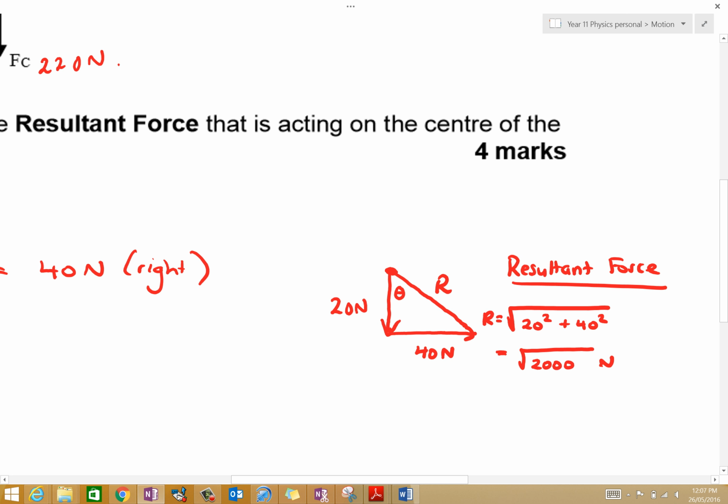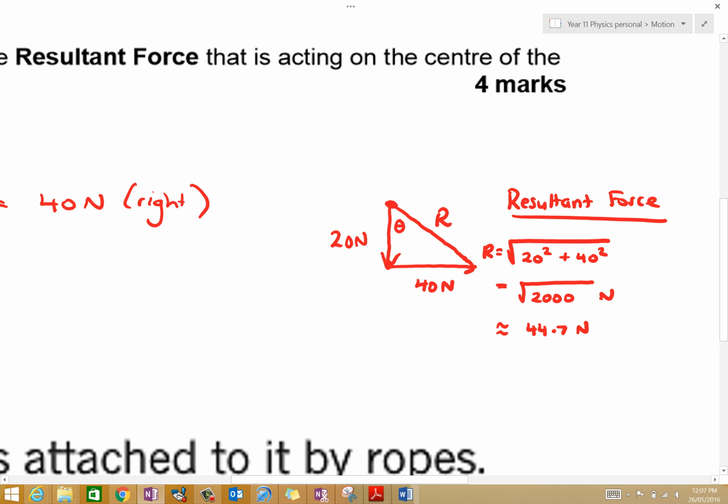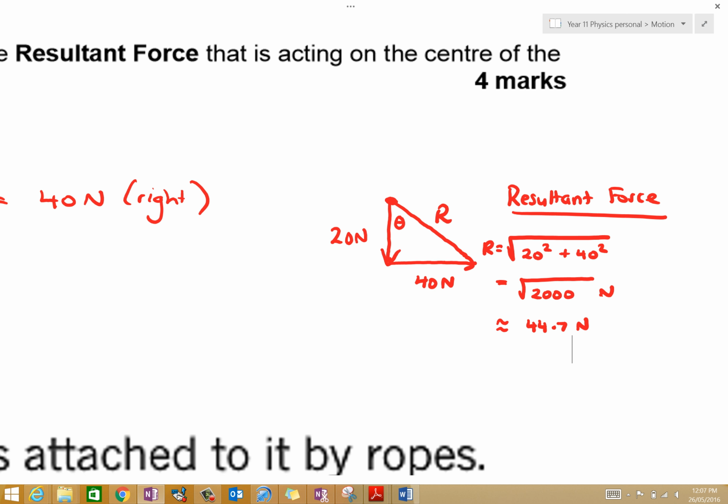But we're not done yet because we need a magnitude and a direction. The square root of 2000 newtons turns out to be 44.7. So let's say that's approximately 44.7 newtons. But we're not done yet because we want to find our direction.